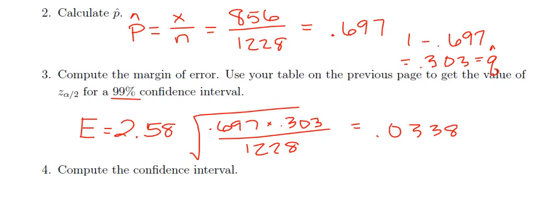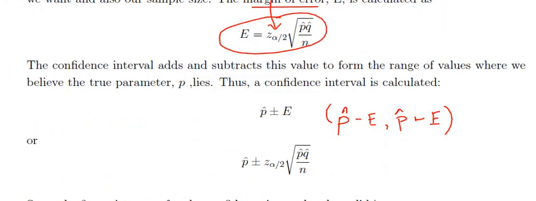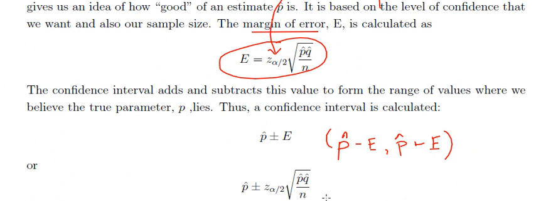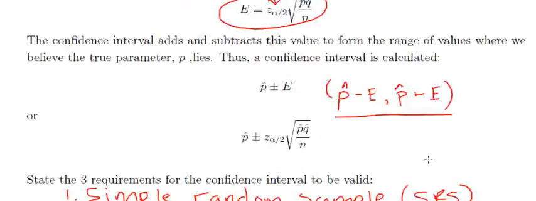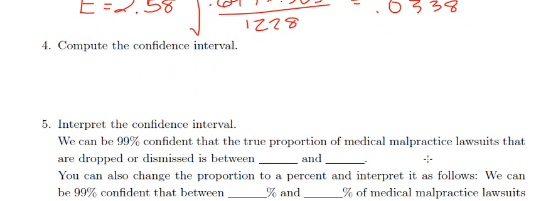And so our confidence interval, let's go back up here. Our confidence interval is just p hat minus the margin of error and p hat plus the margin of error. Okay, so we have 0.697, and I'm going to use this plus minus notation, 0.0338.